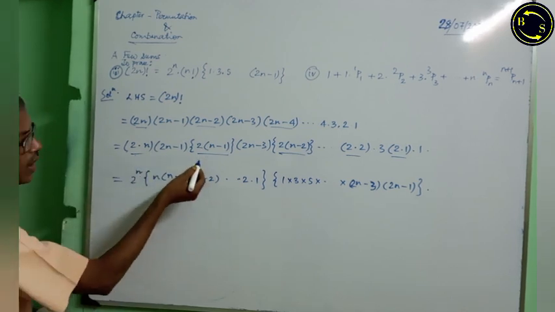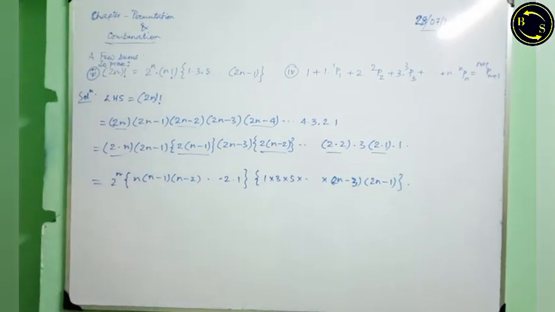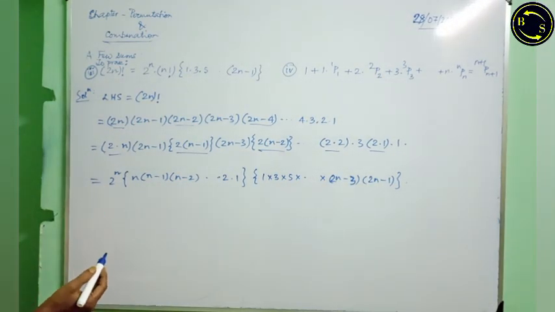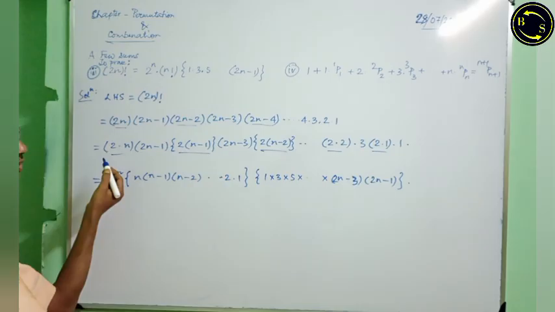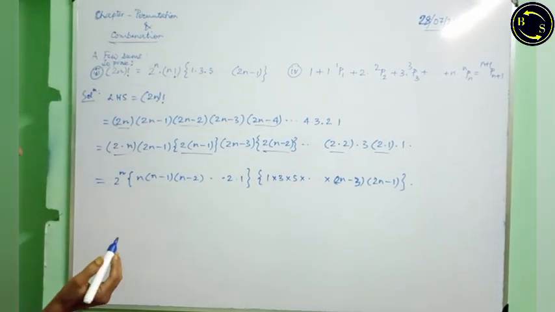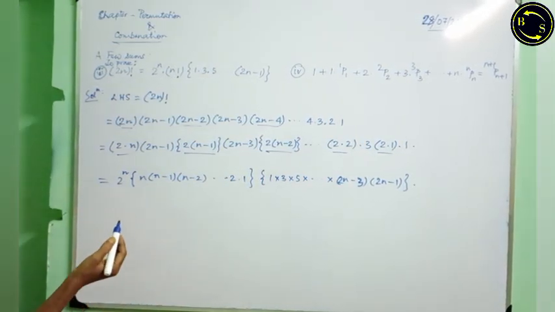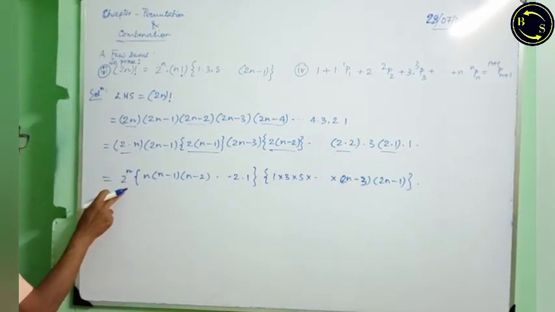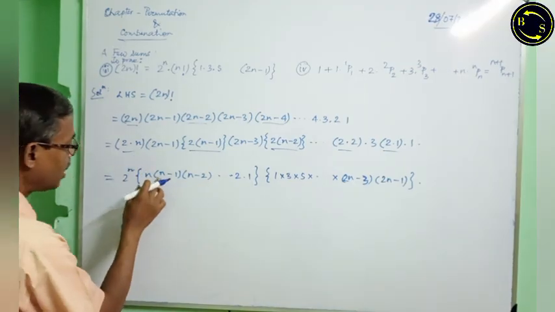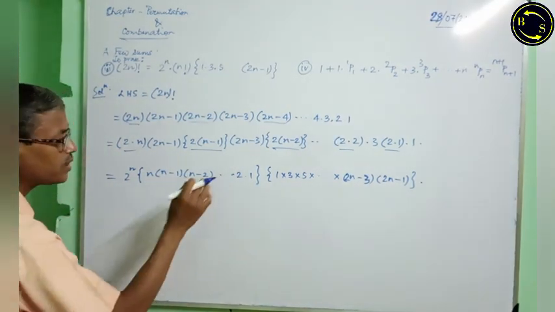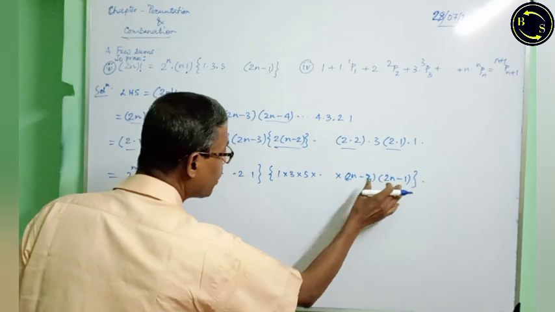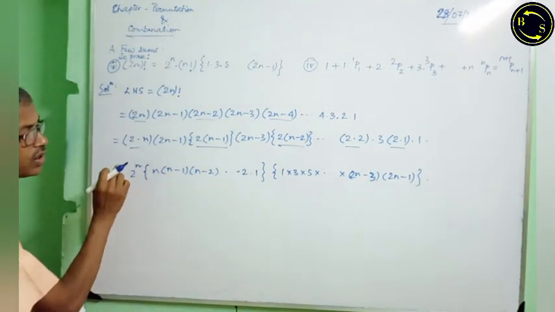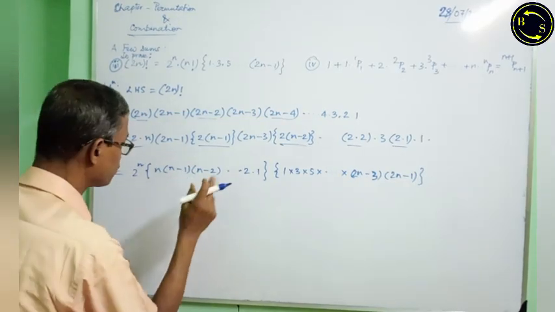First of all we have taken all the numbers placed in the odd places. Since each of those have 2 as one factor, we take all n numbers of 2's together, that is why 2 to the power n. Then I have written other factors within second brackets. Then in this part I have written all numbers placed in the even places.